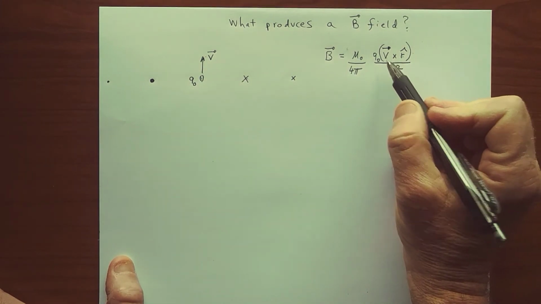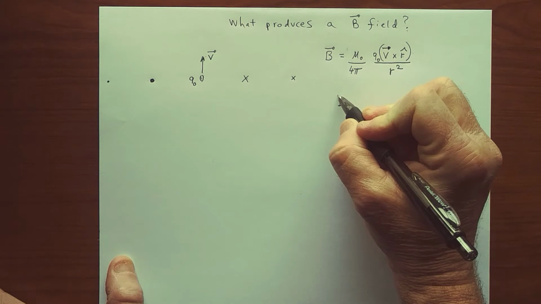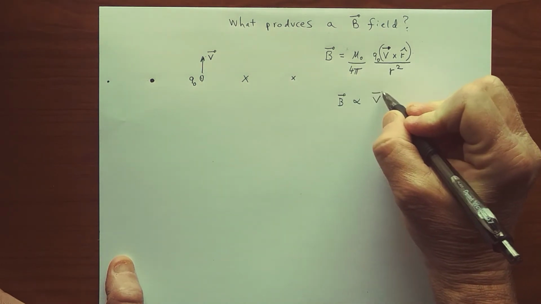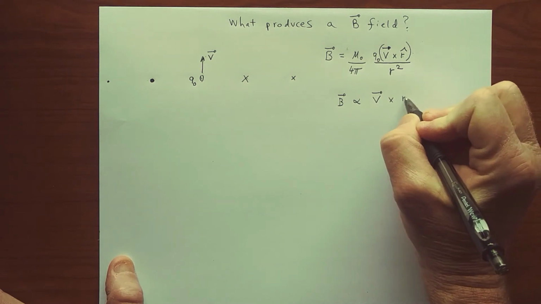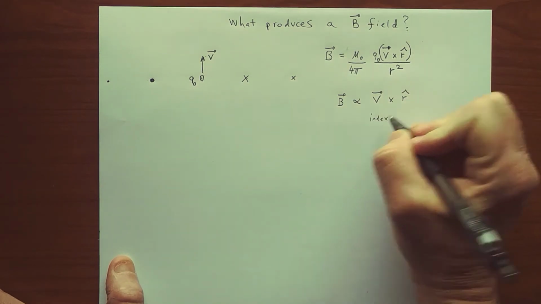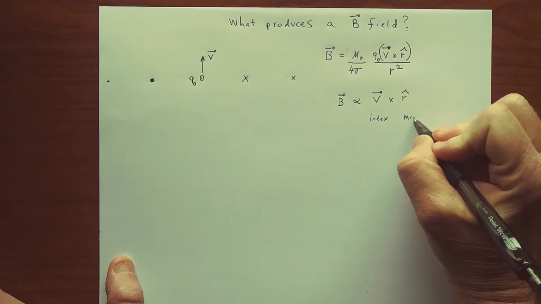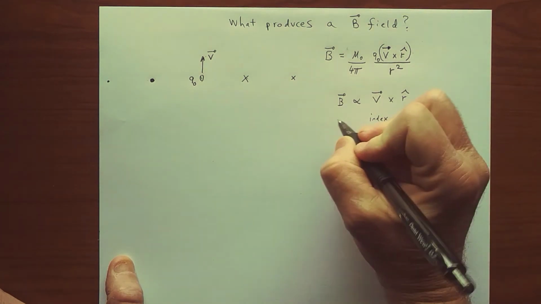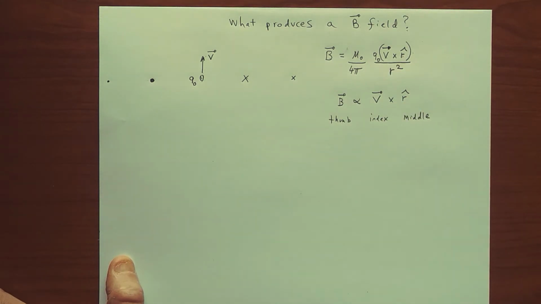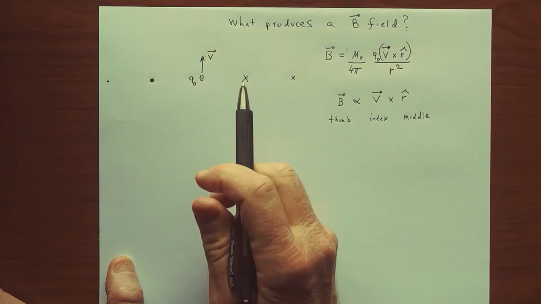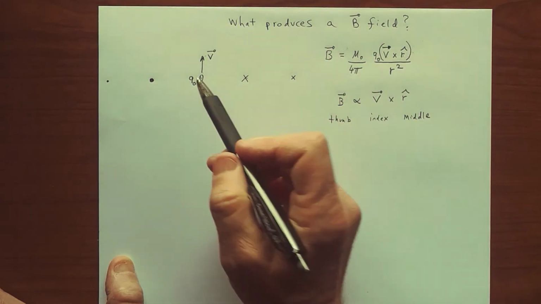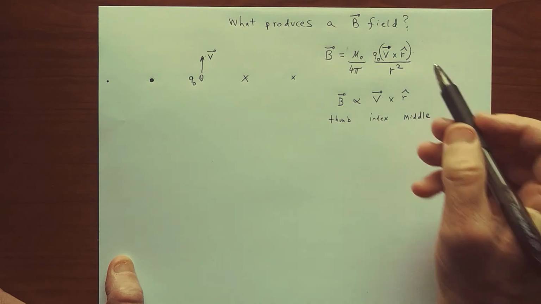So as usual, the right-hand rule requires that I consider the index finger for the first vector and the middle finger for the second vector in the vector product, and the thumb is the result. So I wanted to find the field here. I'm just trying to capture mathematically what I found experimentally, and this is the way it does that.